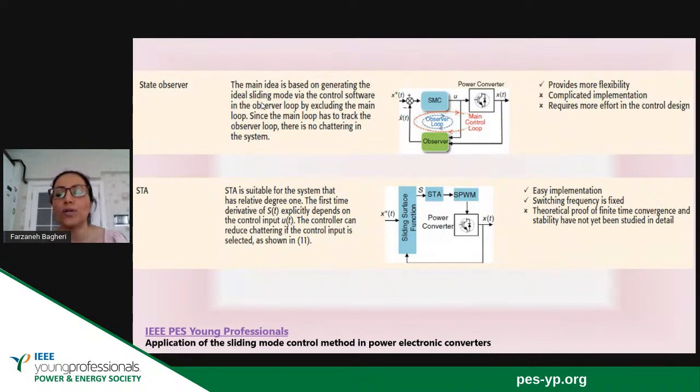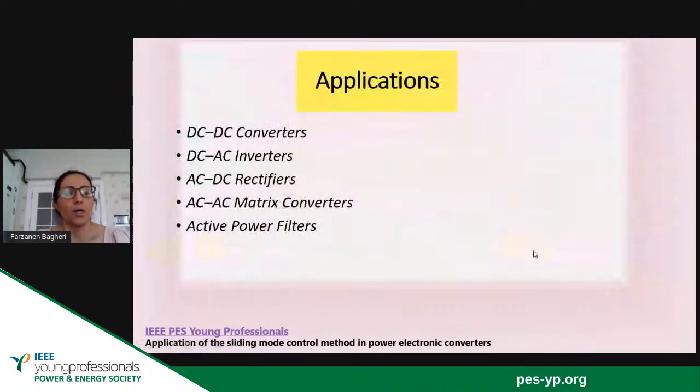The discontinuous control input will change to a continuous control input. So we can apply it directly to PWM, and we can have a fixed switching frequency. The problem about the super twisting algorithm is that its stability analysis is very difficult for power electronic converters, and we do not have a comprehensive theoretical proof.